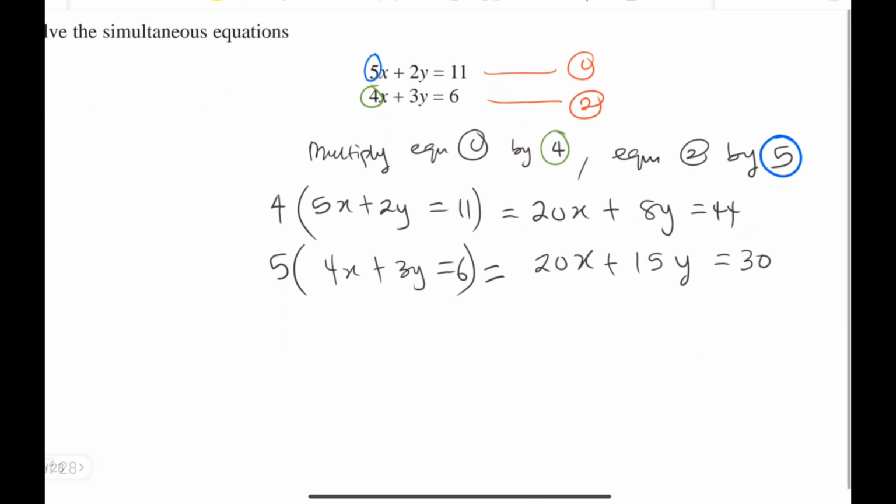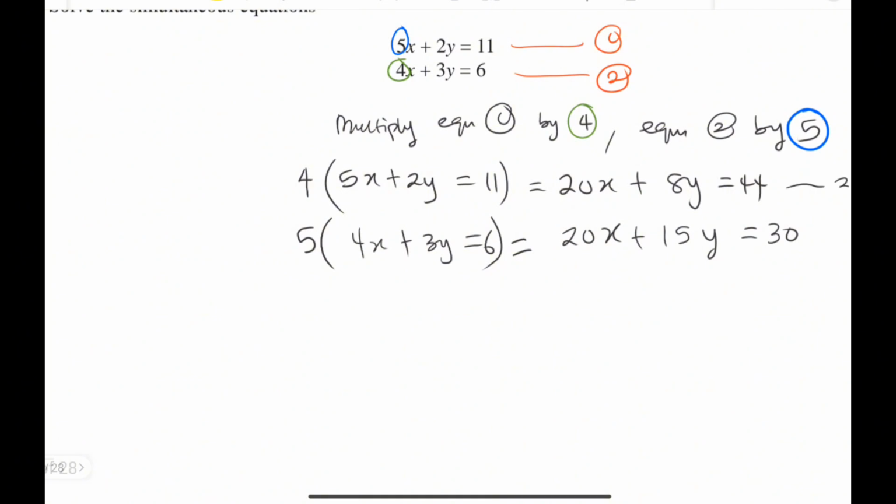The next thing we do now is to subtract. Let's call this equation 3 and this equation 4. Subtract equation 4 from equation 3.